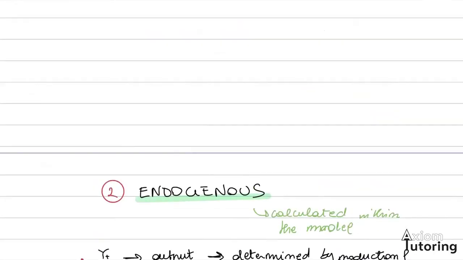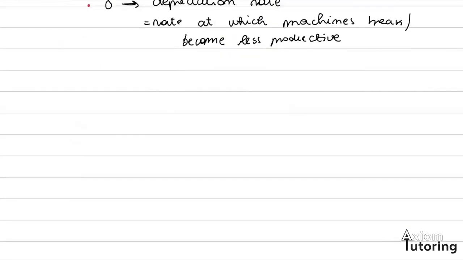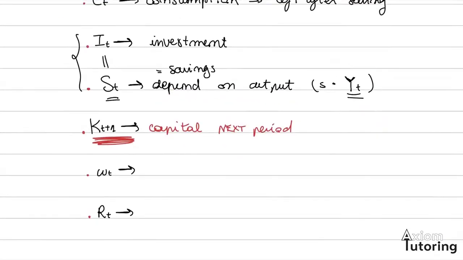In our exogenous variables, we saw k_t, so capital today. And as we have capital today, we also need to check capital tomorrow. We are going to see how it is determined. It's going to be determined by capital today, among other factors, but this is going to be the main component.